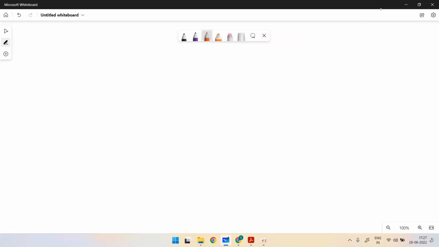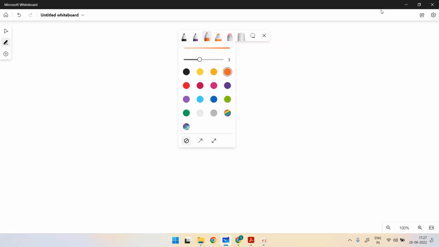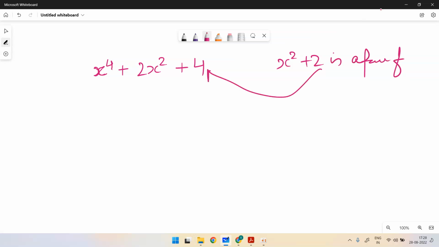Now, suppose I will show some example. I'm supposing x power 4 plus 2x square plus 4, and I'm saying that x square plus 2 is a factor of this.